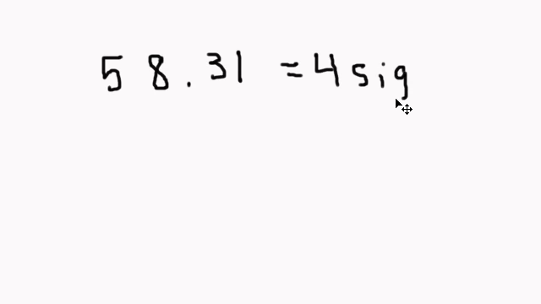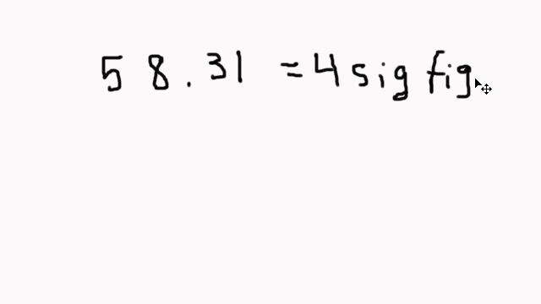Alright, so let's see. The first example that I have here is 58.31. So how many significant figures does this number have? Well, this number has a total of 4 significant figures, 4 sig figs.